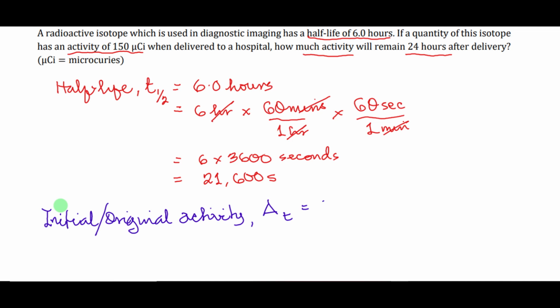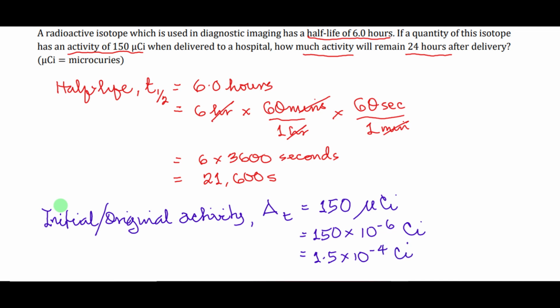That is 150 microcuries. So we have to convert this to standard units, where micro is 10 raised to the power minus 6 curies. So this will give us 1.5 times 10 raised to the power minus 4 curies.